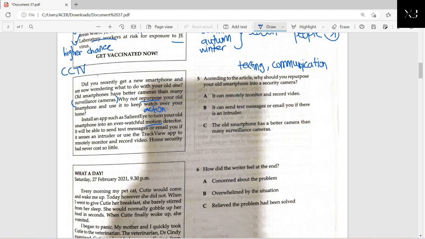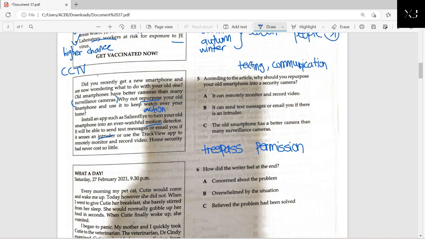An intruder is someone who is not welcome in your home, someone who trespasses. They went into your house without permission and you don't know they are in there, usually a thief or a robber. Remotely is like silently, sneakily monitoring, taking a look, and recording video.